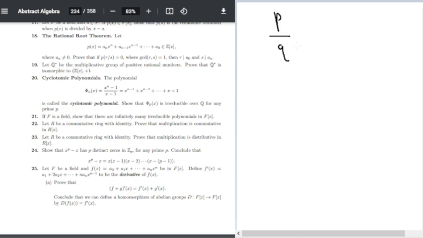Alright, so p over q times p prime over q prime is equal to p prime over q prime. This is bizarre. Right, so prove that Q star is isomorphic to Z x.